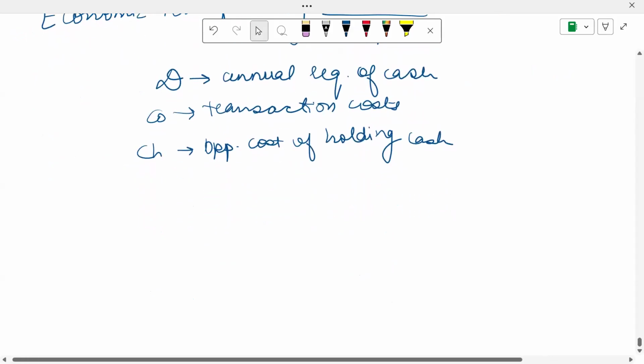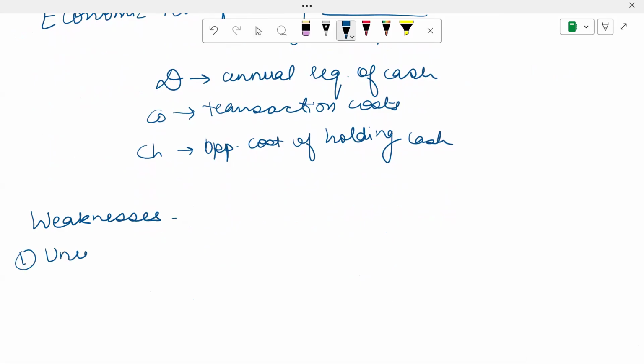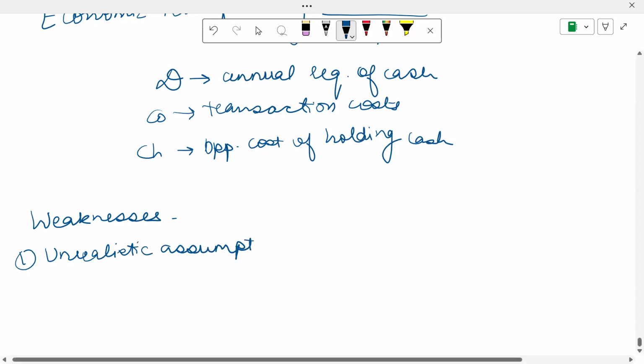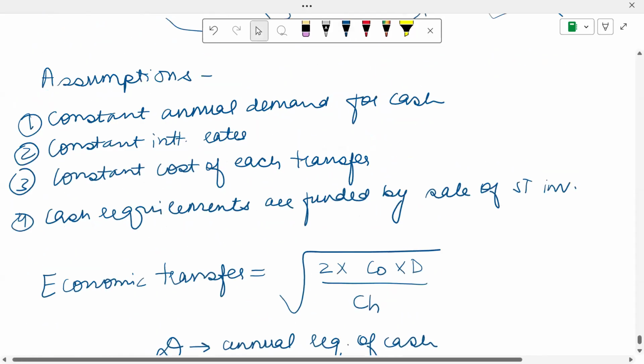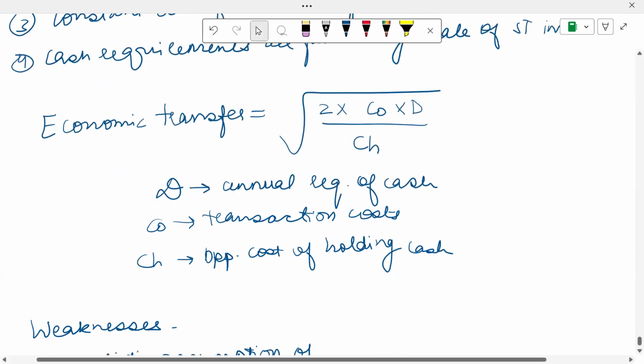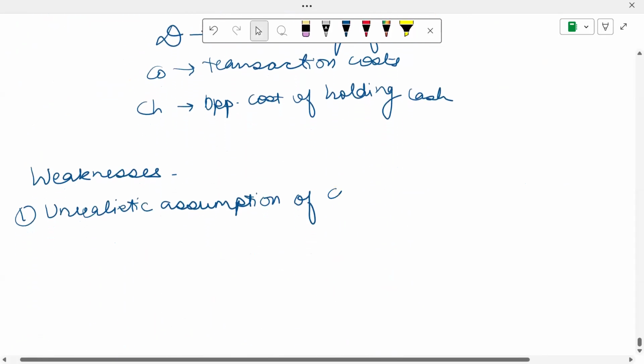Now let's also see what the weaknesses of this model are. Number one weakness is the unrealistic assumption of constant demand. We have mentioned in the assumptions that we are assuming constant demand for cash, but in real life the demand for cash in any business does not remain constant. It keeps on fluctuating.